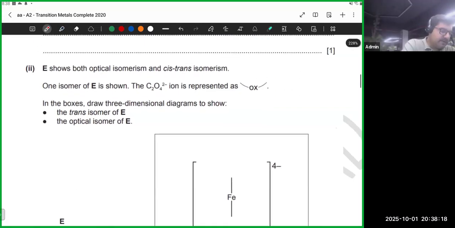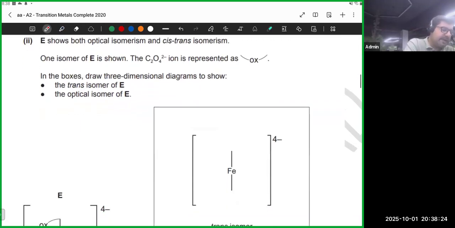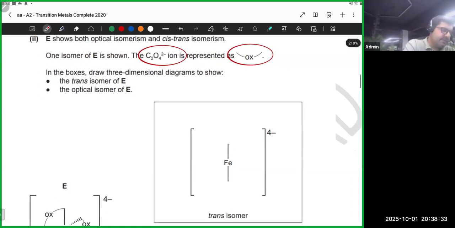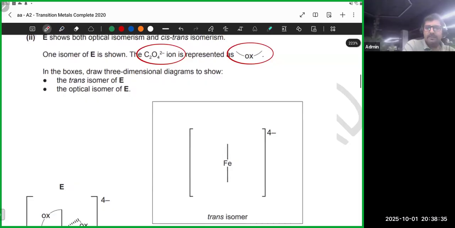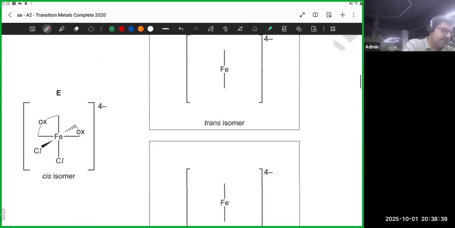So now it says that E shows both optical isomers and cis-trans isomers. The C2O4 ion is being represented by this symbol over here. So now he's asking to draw the trans isomer and the optical isomer. The molecule E is given over here.